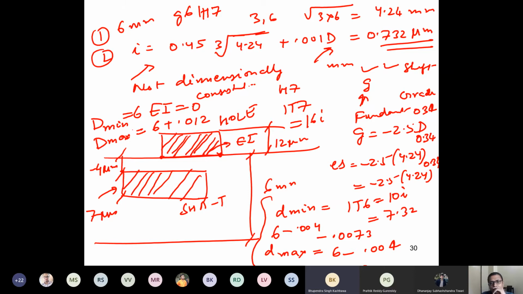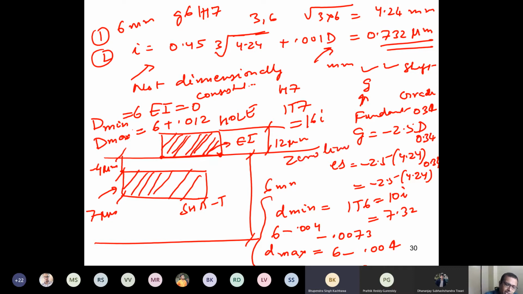It's very clear, right? How do you identify a combination of preferred shaft and hole combinations? This is how you do it. The first task is you find out the D, then the standard tolerance unit, then the fundamental deviation, then the tolerance band, and then plot it to see where it is with respect to the zero line.